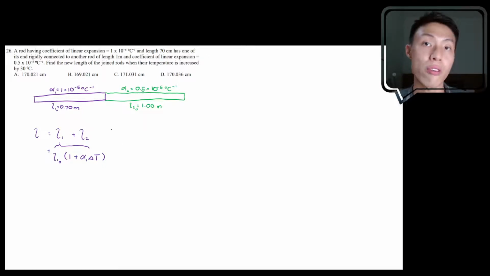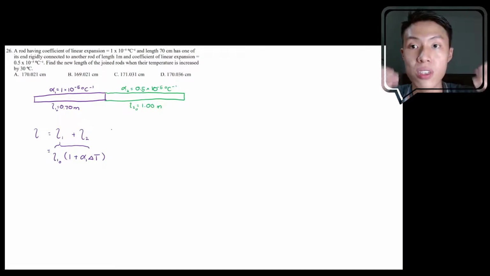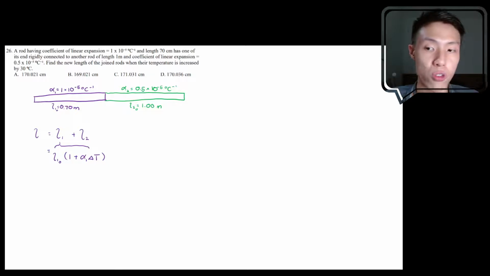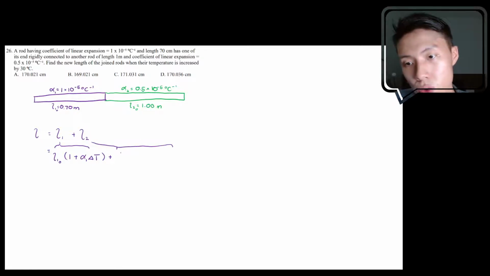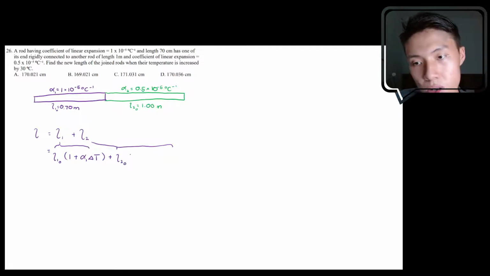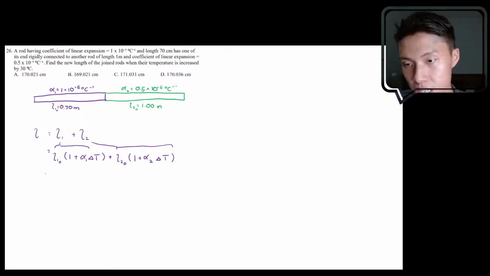For delta T, rod 1 and rod 2 experience the same change in temperature. That's why I don't need to label them as delta T for 1 and delta T for 2. They are the same change in temperature. So for rod 2, it will be equal to the initial length of rod 2 times the bracket 1 plus alpha 2, because it's rod 2, delta T. Okay, so this is the equation that you have.